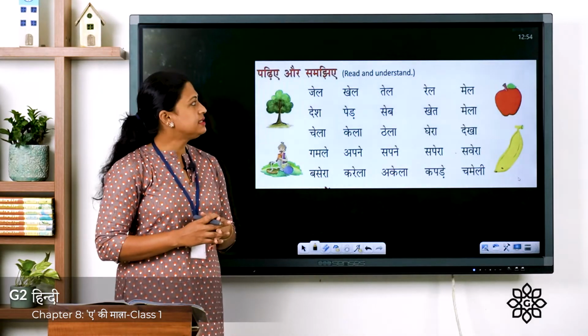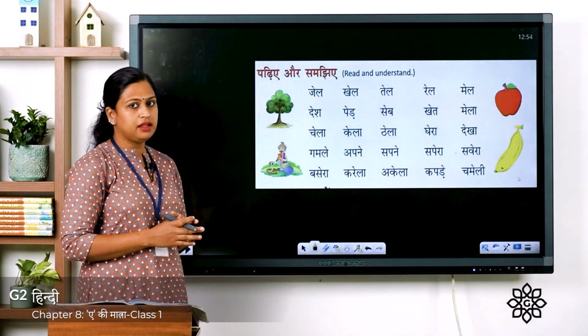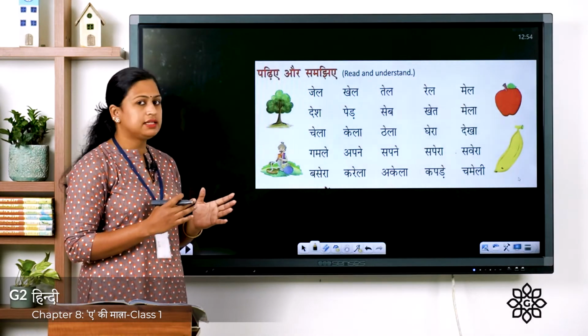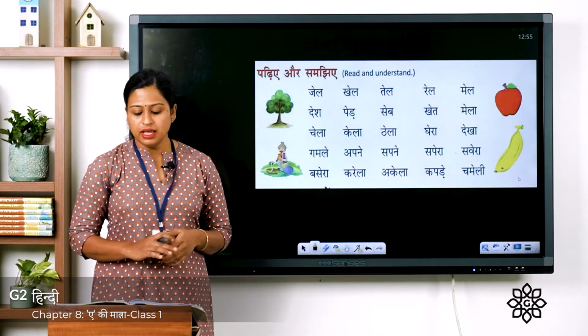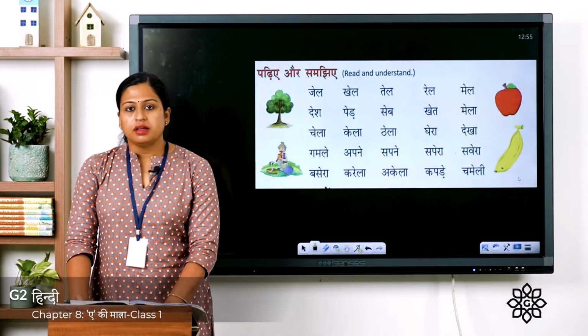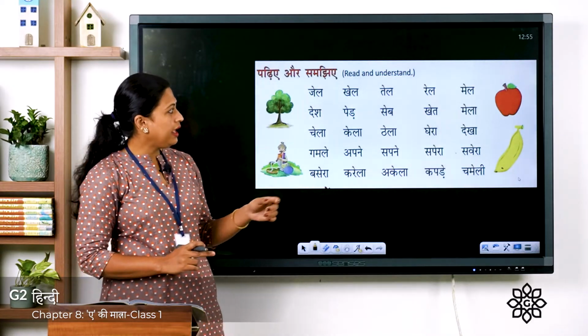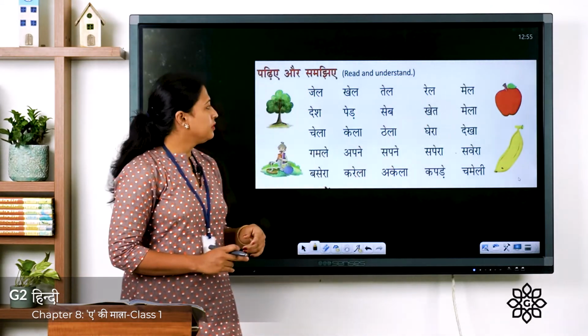Now here you can see few words. So you have to read and understand it. Now I am going to read these words and you have to listen to it very carefully. So the first word is jail, khel, tail, rail, mail.